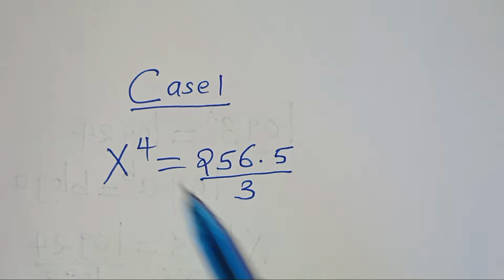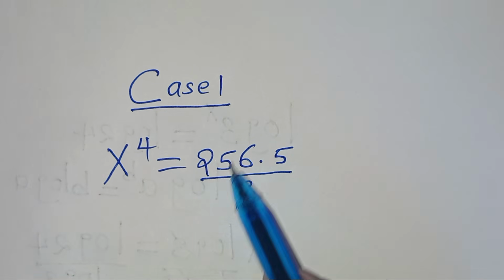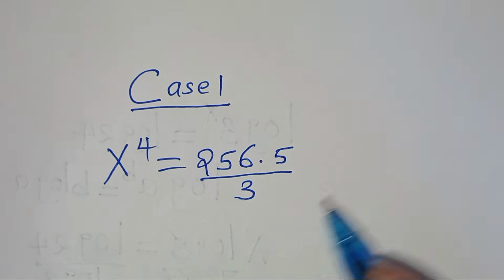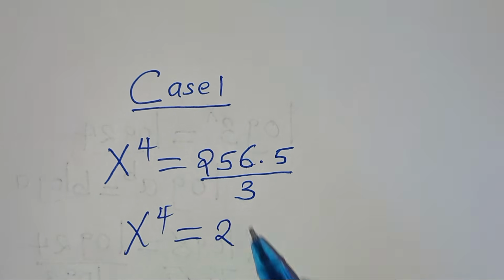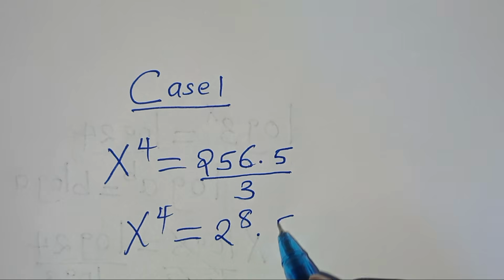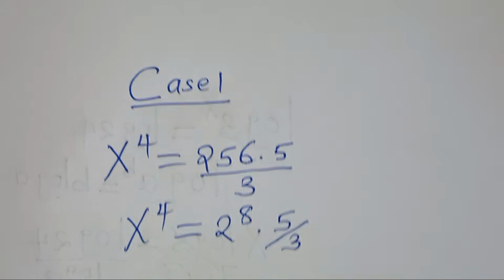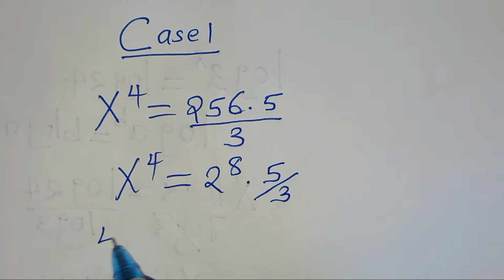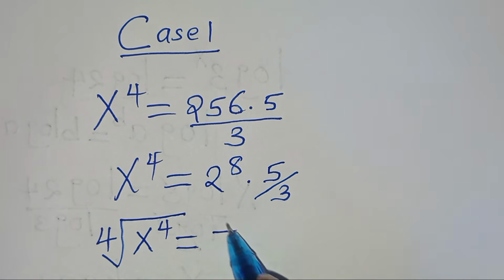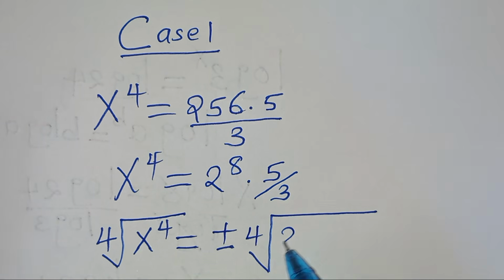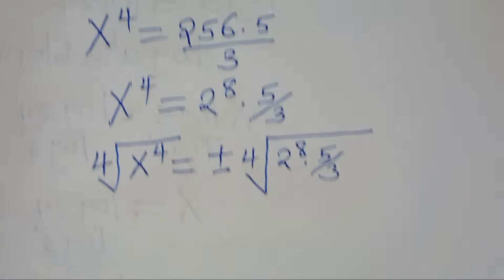Now we have x to the power of 4. We have expressed 1280 as 256 times 5. Now x to the power of 4 is equal to 256, which is 2 to the power of 8, multiplied by 5 over 3. To solve for x here, let's introduce the fourth root on both sides. We have the fourth root of x to the power of 4 equal to plus or minus the fourth root of 2 to the power of 8 multiplied by 5 over 3.